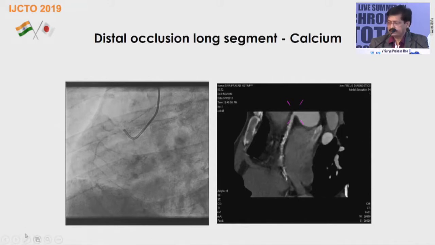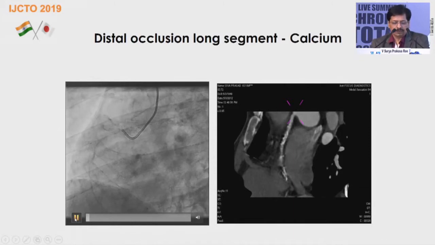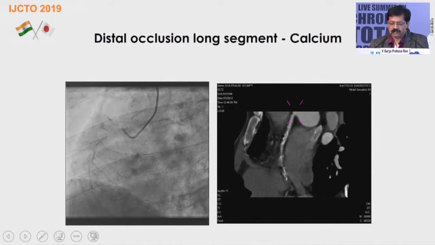Can I play it again? So even in distal occlusion, the CT shows a long segment occlusion with calcium. It's a very unfavorable sign. That's why we did not keep this particular case in the live workshop, because calcification is always the enemy of cardiology, in particular CTO PCI, and even stent expansion is also not good.